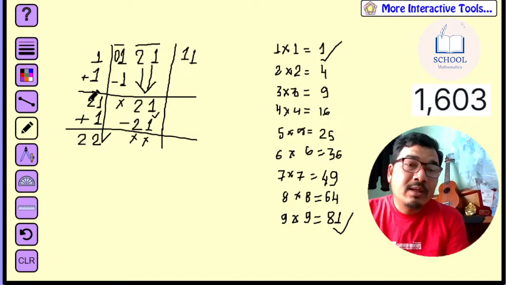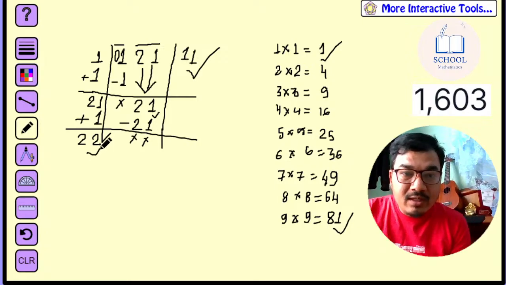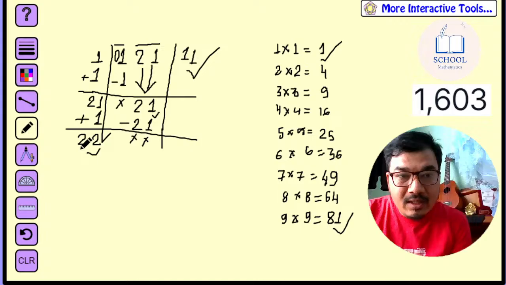Okay, and after this, look here, this is our answer. Okay, and this is for the checking. Look, here is 11. 11 is the square root of 121, and its double will be here, on this left side. Okay, on this left side there will be double of this 11.